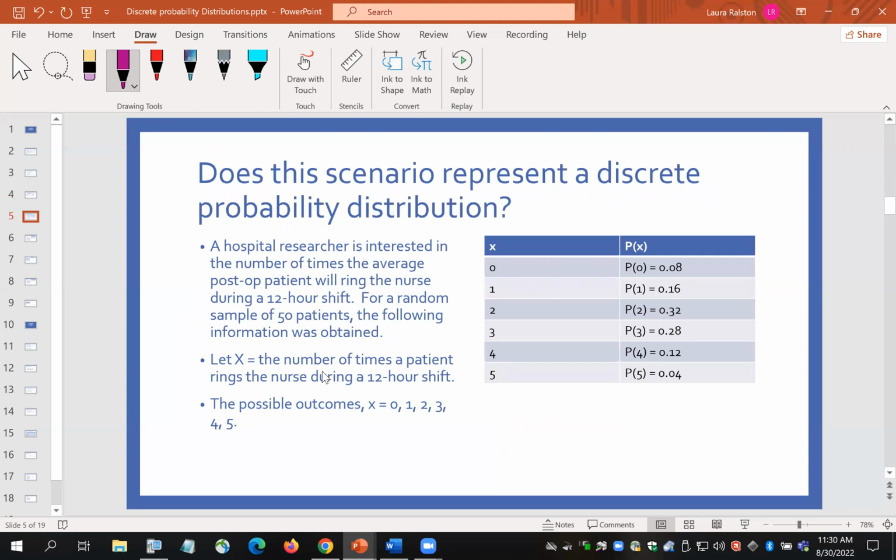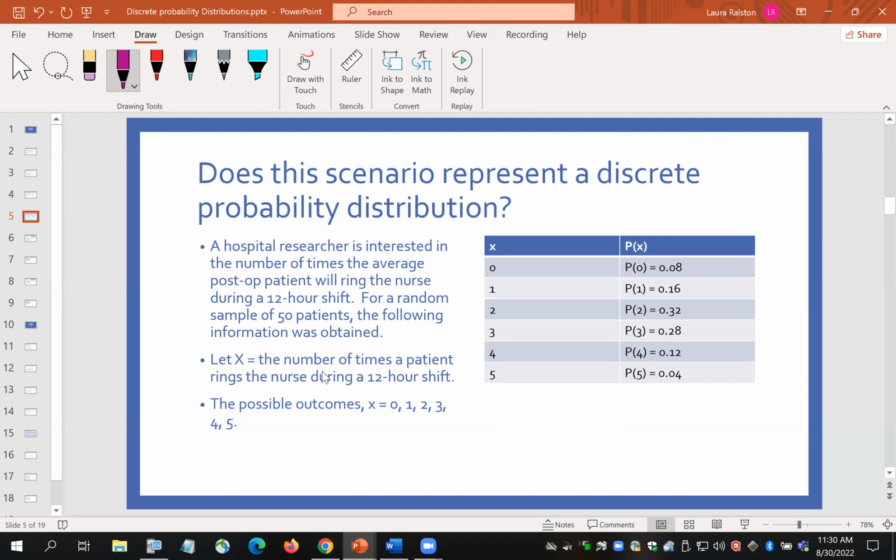All right, so let's dive right in. The question says, does this scenario represent a discrete probability distribution? A hospital researcher is interested in the number of times the average post-op patient will ring the nurse during a 12-hour shift.